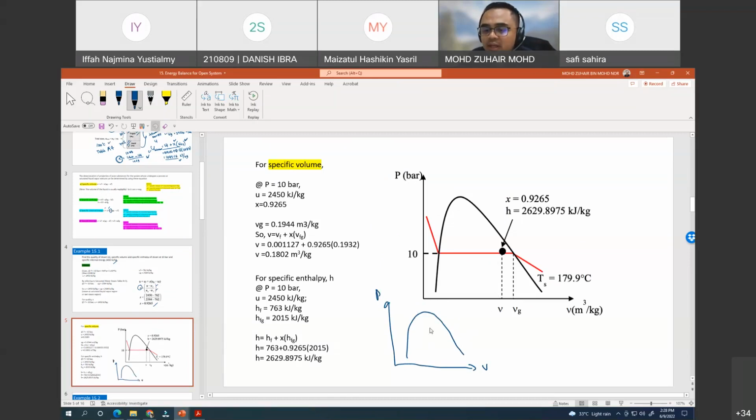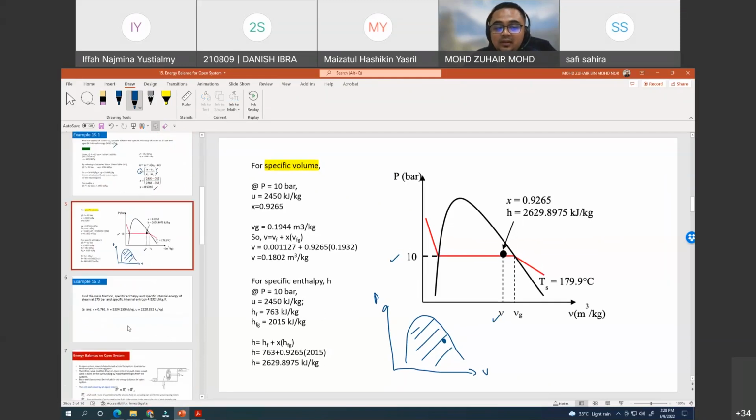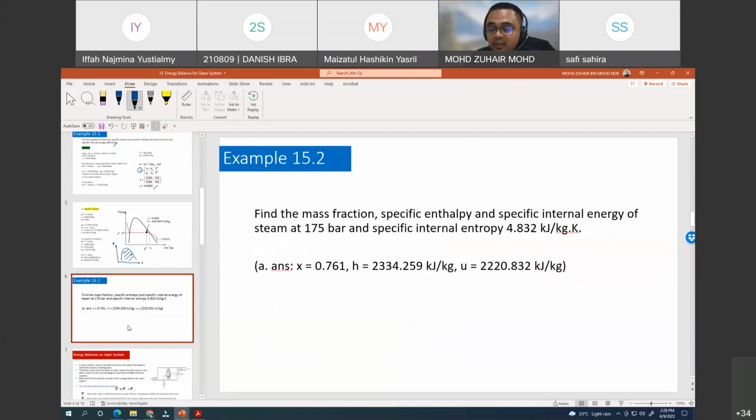This is the region for the saturated liquid and vapor. So definitely the point will be something like in here. You need to determine which is the point for the X according to the volume and the P. Okay, something like that. So, clear?